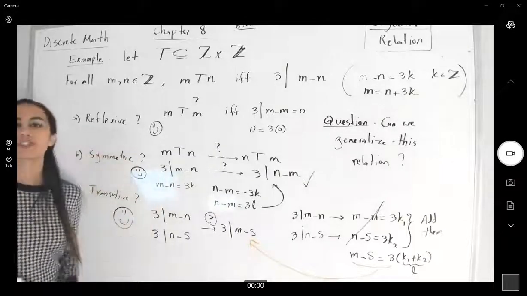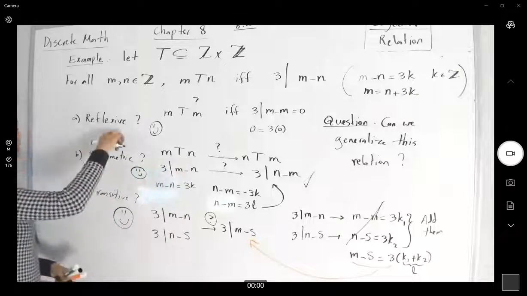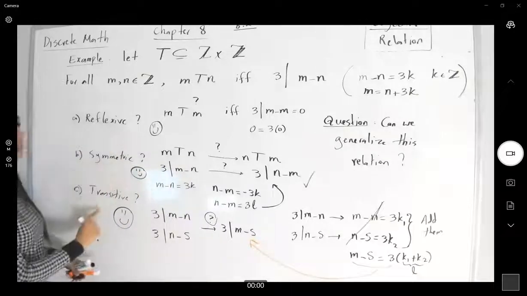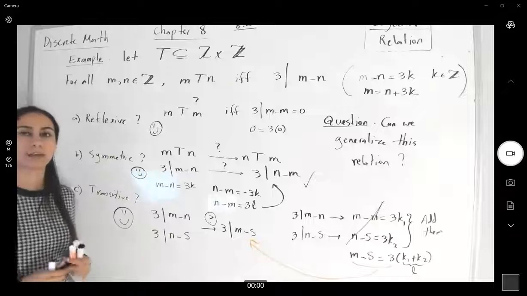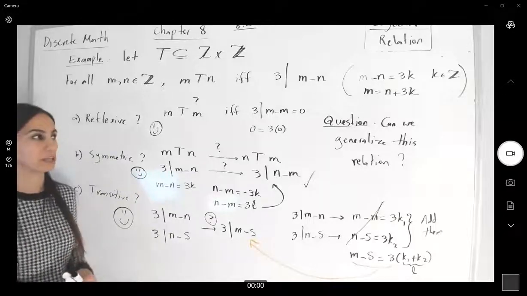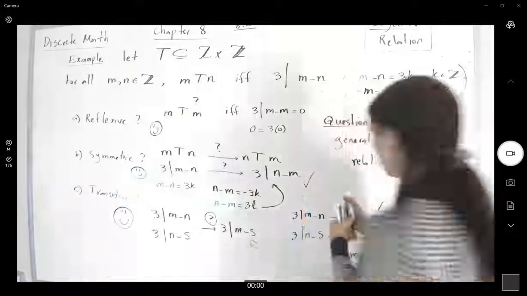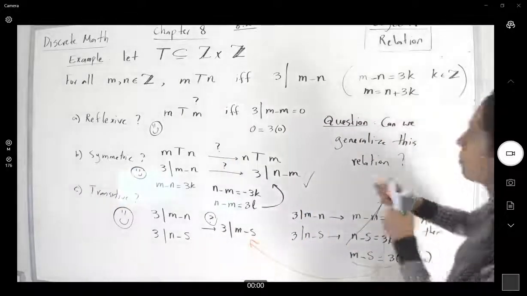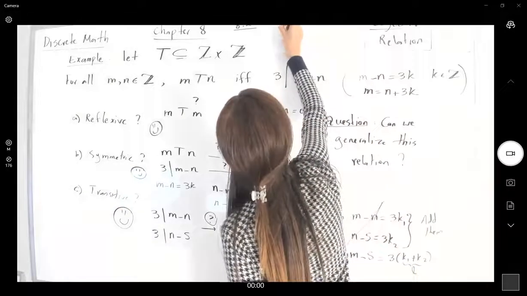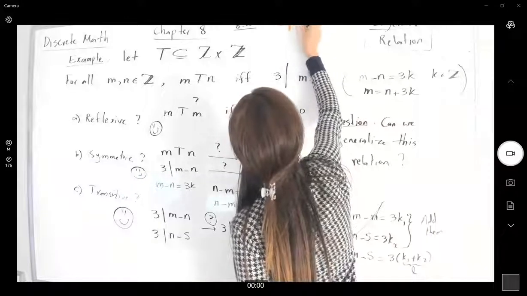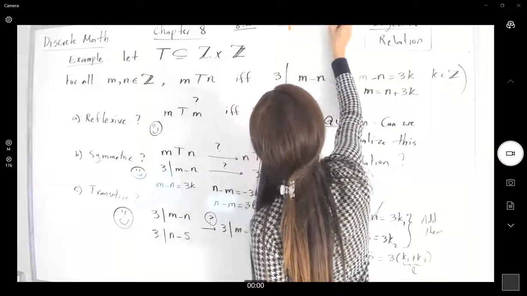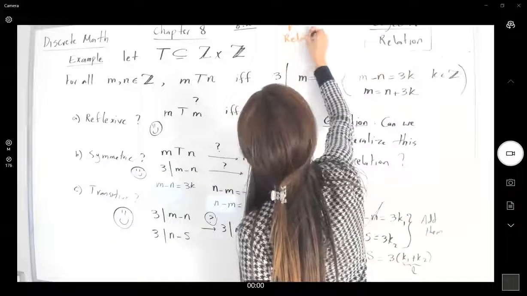When a relation is reflexive, symmetric, and transitive, we call it an equivalence relation. So, equivalence relation.